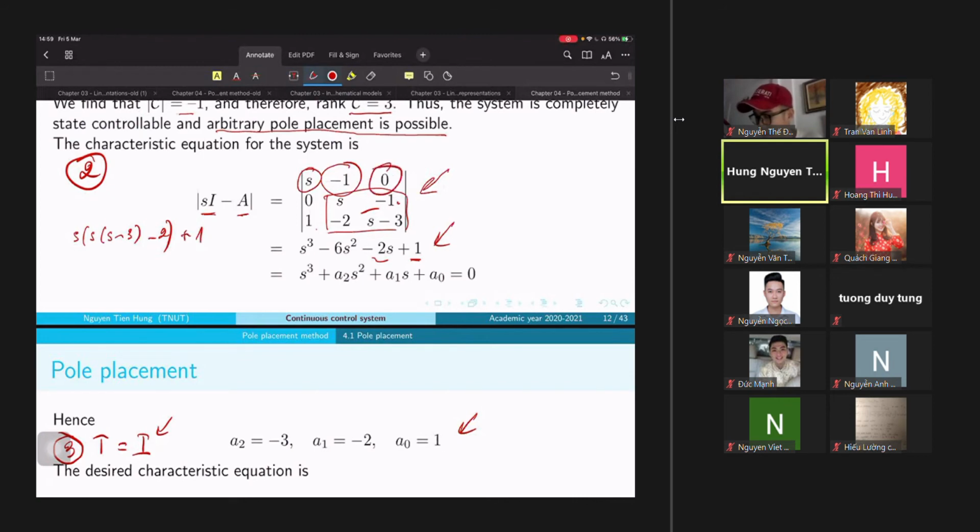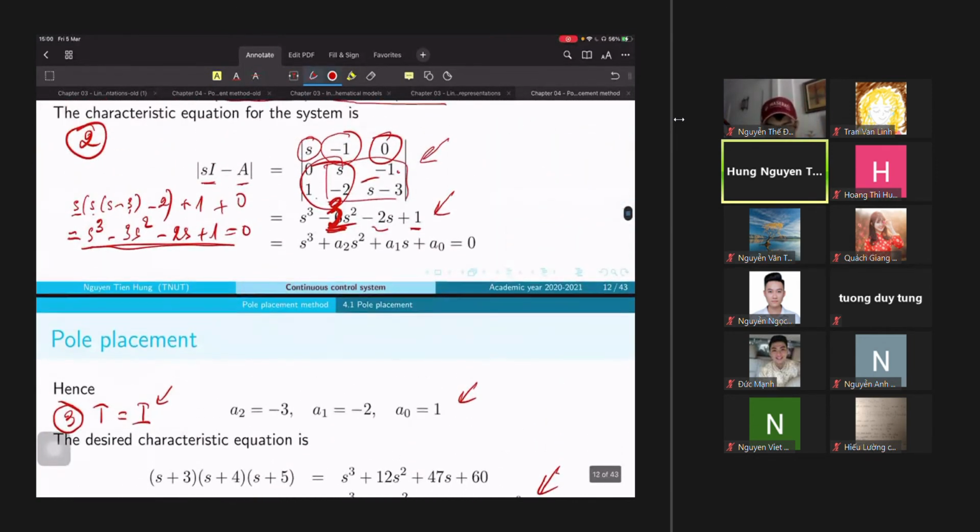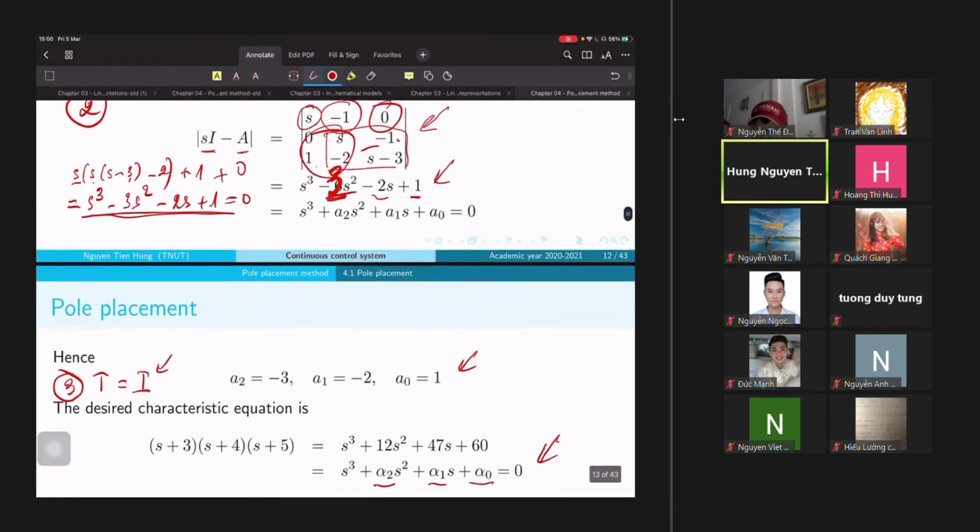And this is 0, because 0 multiplied by the determinant of this is 0. So we got S cubed. This is the minus 3S squared, just meaning that this is 3, and then minus 2S plus 1 equals 0. So finally, please change this minus 3 for me. It's not 6. So the result is still correct. I had typing errors. I will update this later.